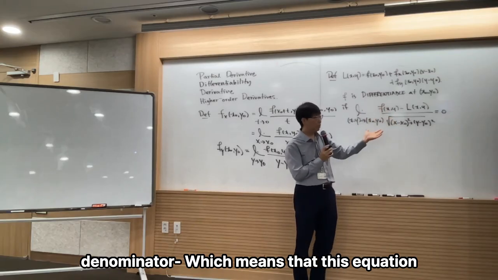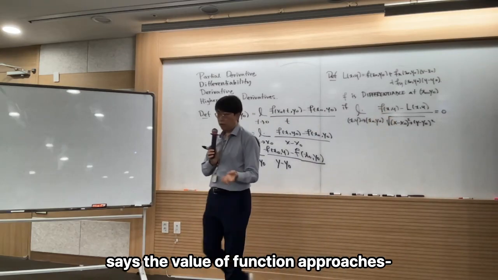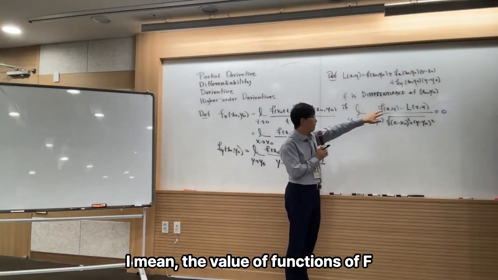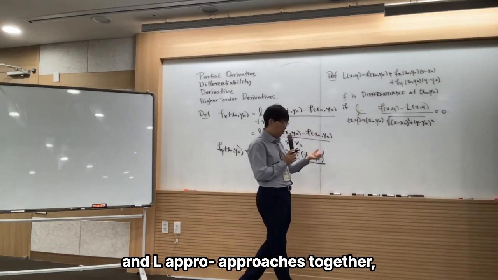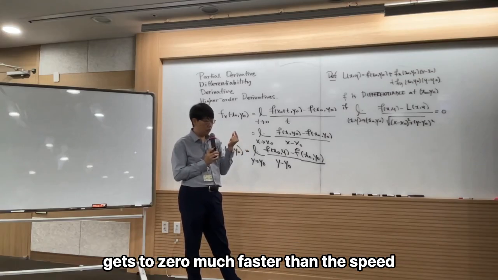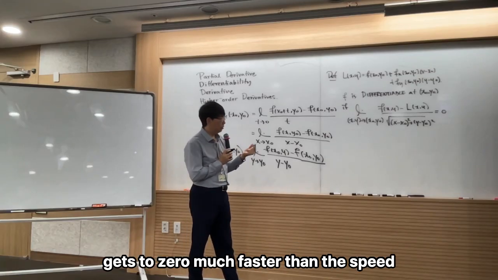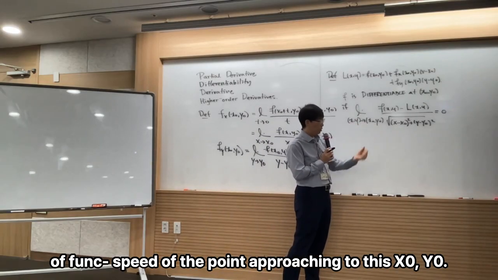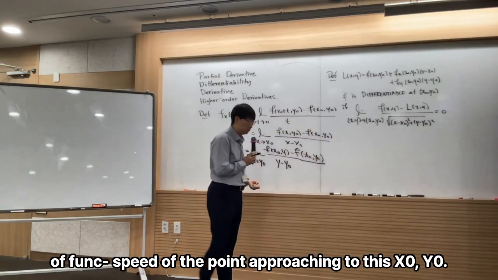Which means that this equation says the values of functions f and L approach together. The difference between the value of these two functions gets to 0 much faster than the speed of the point approaching this x0, y0.